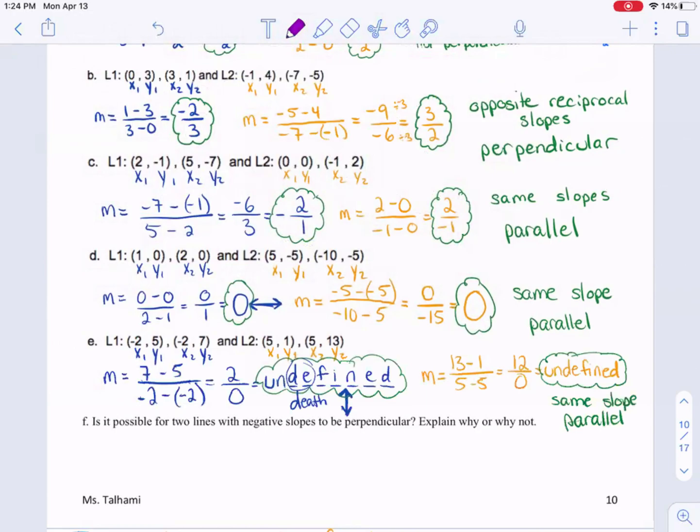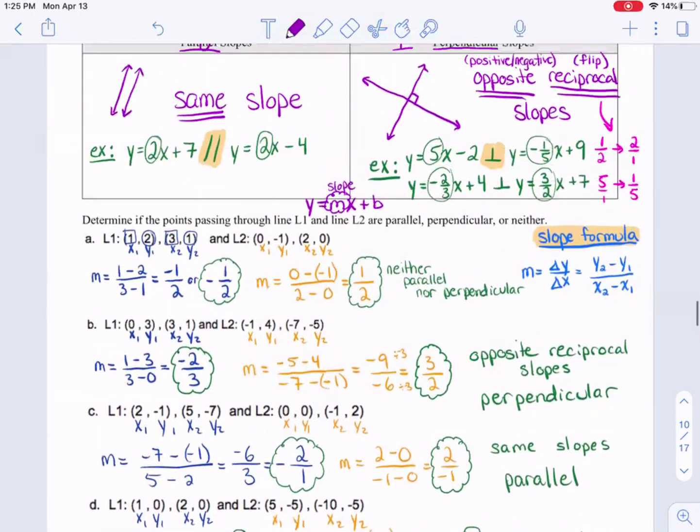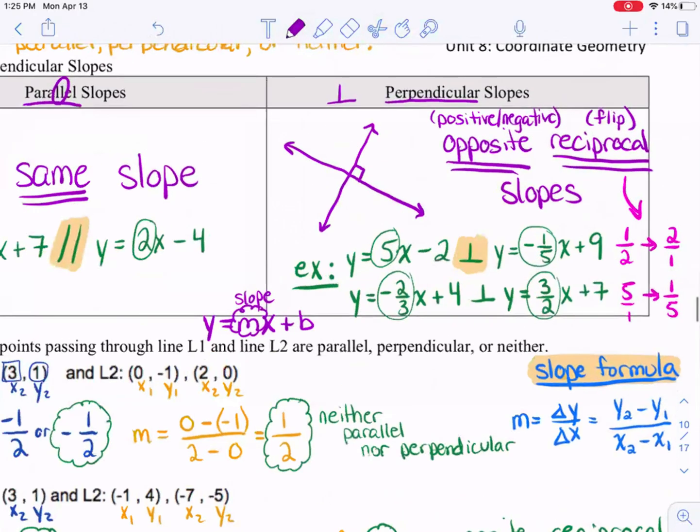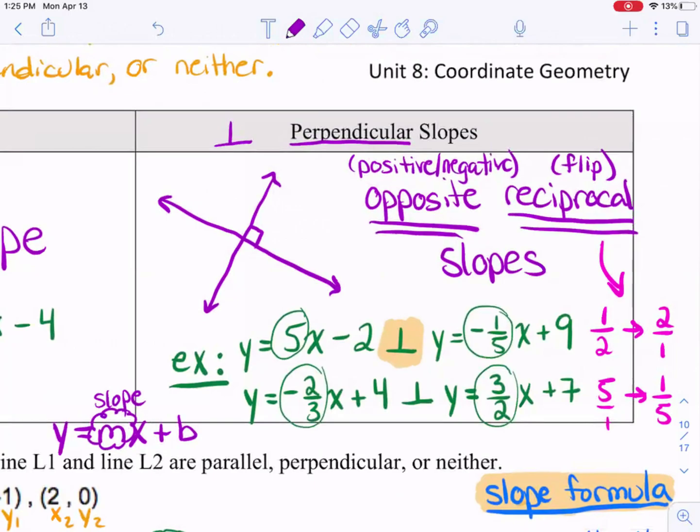Is it possible for 2 lines with negative slopes to be perpendicular? Explain why or why not. So let's go back to our definition of what perpendicular even means. Perpendicular lines must have opposite reciprocal slopes.